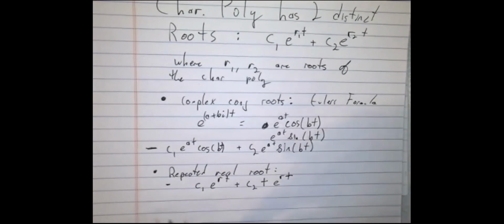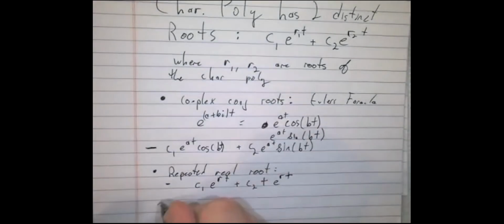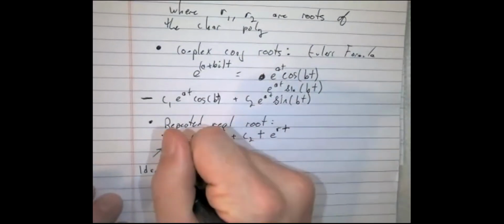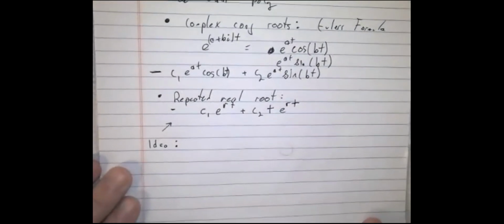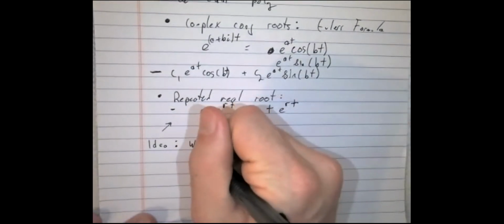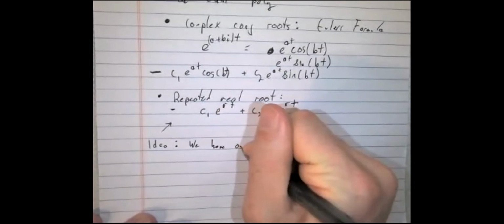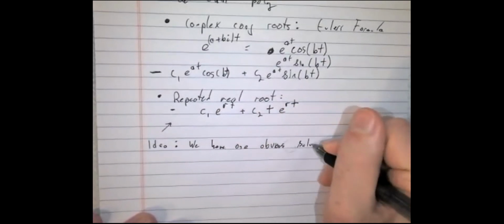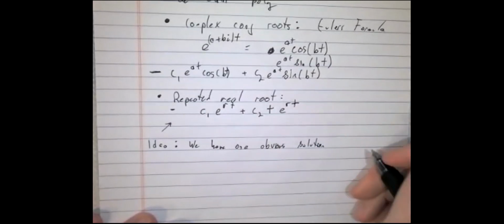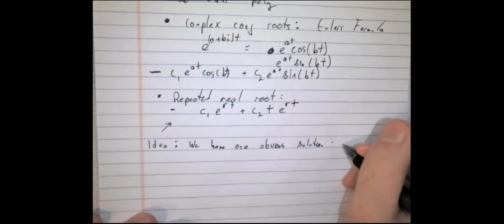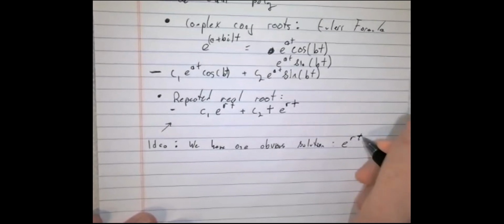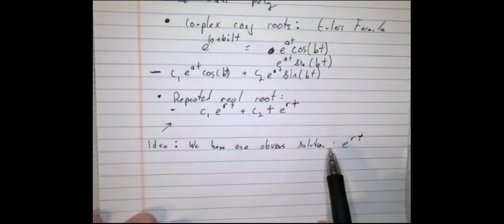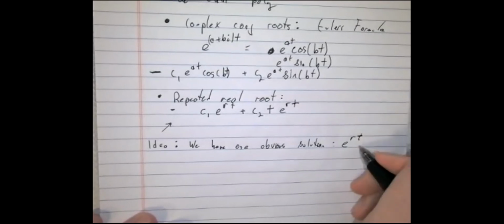But of course, a very good point was made. The idea for how we found this general solution was as follows. We have one obvious solution, namely e to the rt. If r is a root of the polynomial, then e to the rt has got to be a solution to the differential equation.